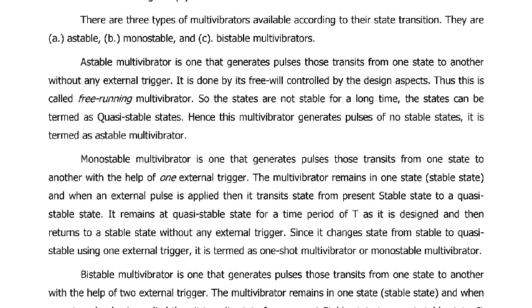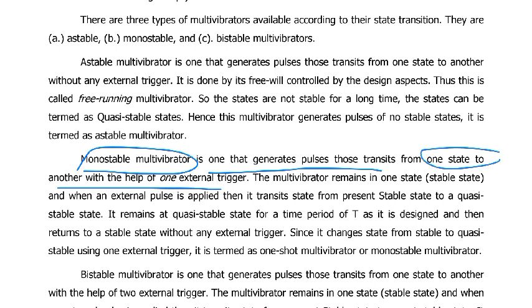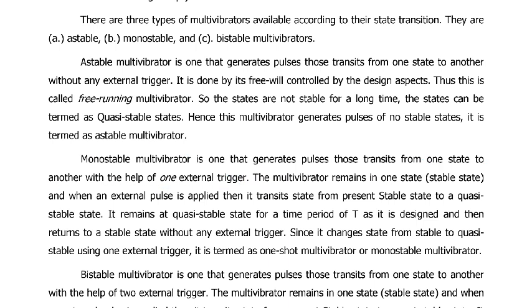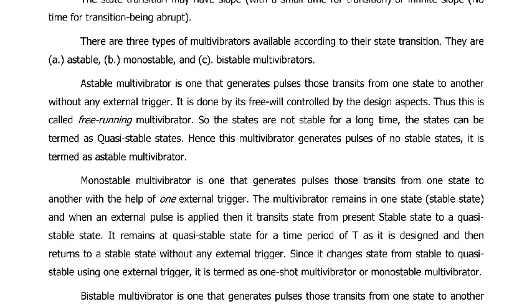The monostable multivibrator. A monostable multivibrator generates pulses that transit from one state to another with the help of an external trigger, because one of its states is stable.